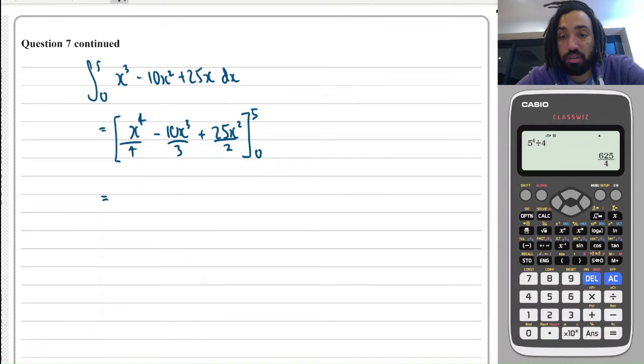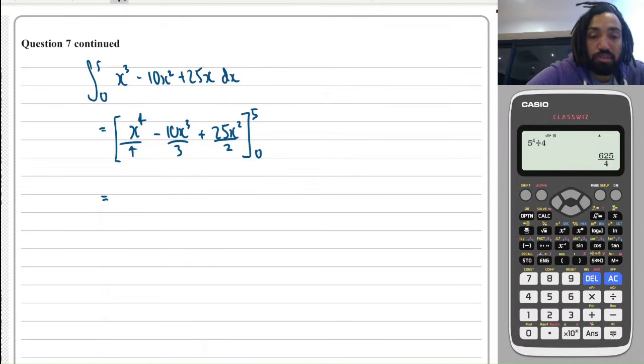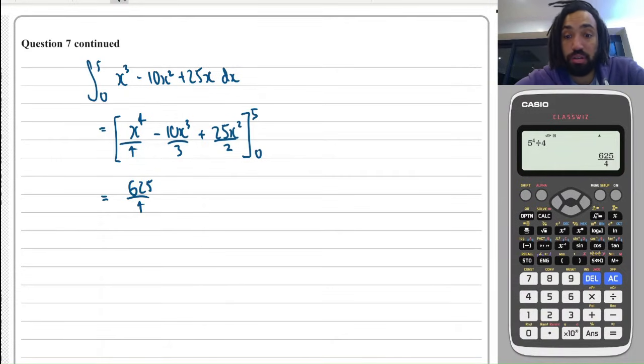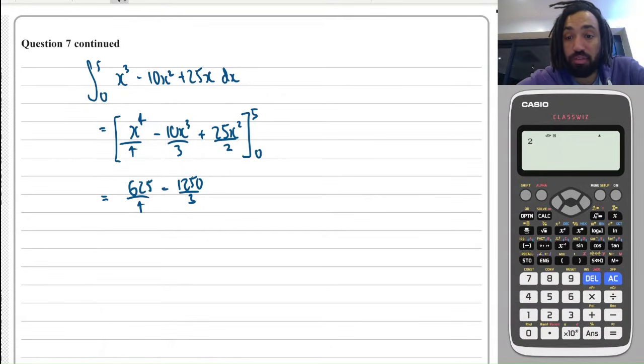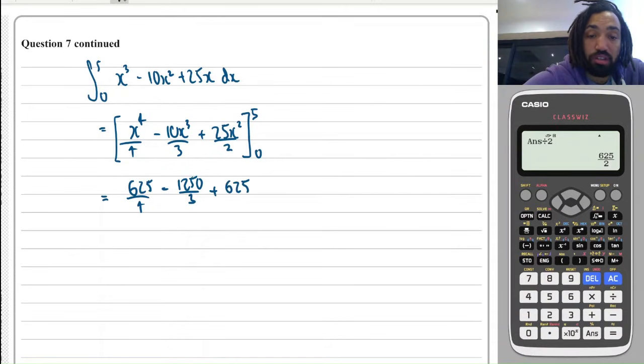Okay, let's just write out each term, so that at least our examiner knows that we know what we're doing. We've got 10 times 5 cubed is 1250, and then that's divided by 3. So that's minus 1250 over 3. And then we've got 25 times 5 squared, which is 625, and then that needs to be divided by 2. So plus 625 over 2.